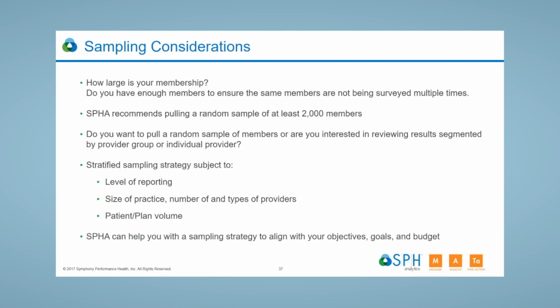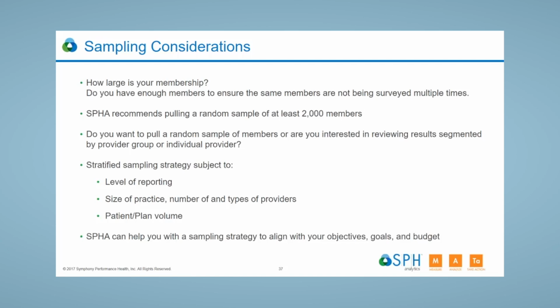Your survey objectives will determine the sampling strategy you'll use. So if you're conducting just a random sample of the member population, we recommend a sample size of at least 2,000. An important consideration is whether you want to pull a random sample of members or if you're interested in reviewing results segmented by something like provider group or other market information.